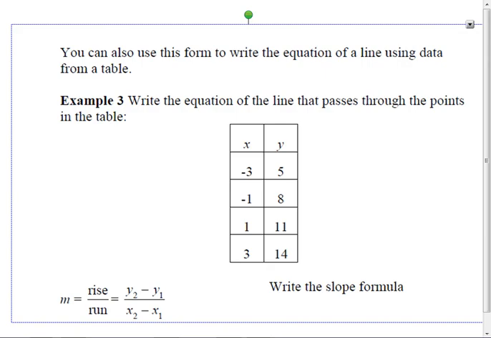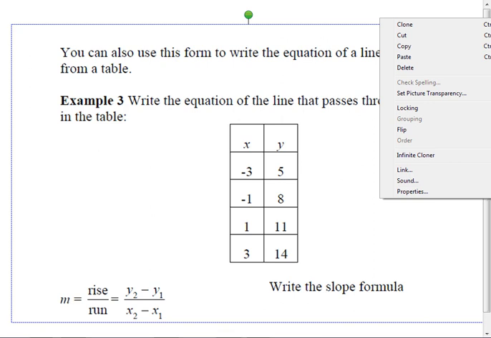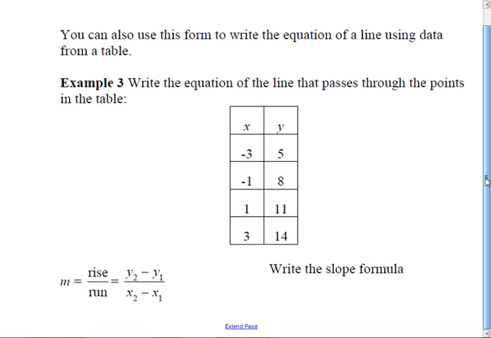Okay, let's look at this one. Oh, this is good. Now, on the NCAs, you might have to do something like this. Corey, you might, on the NCAs, get a table of values. We've seen it. That first problem was a table of values, except they were real numbers, not these fake numbers. And we have to find the slope.